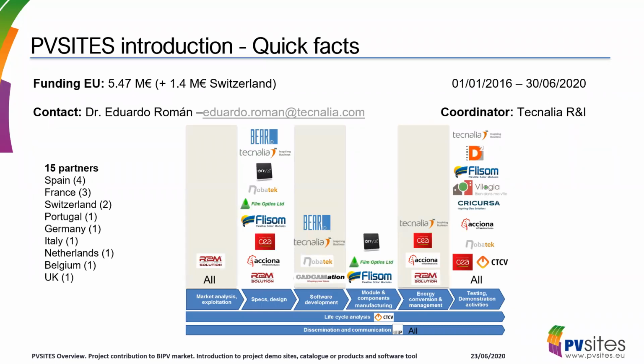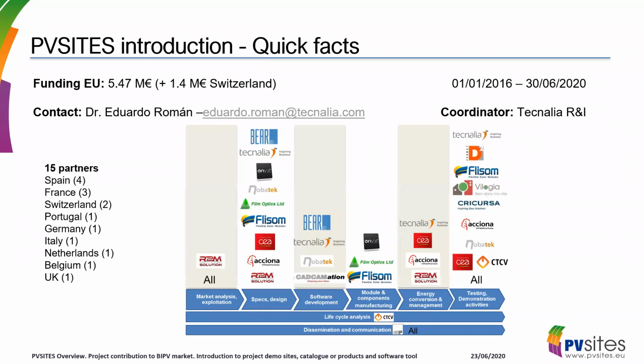So, a very fast overview of the project: as I mentioned, it has been funded by the European Commission and also by the Swiss government. In total, around 7 million euros of funding, started in January 2016 and will end in 2 weeks, after 4 years and a half.